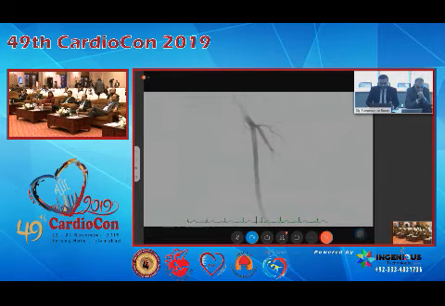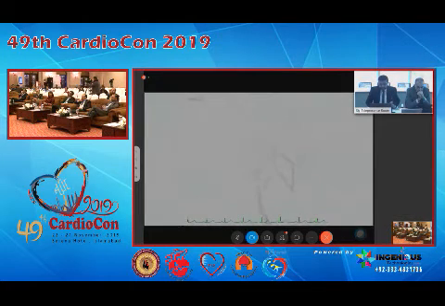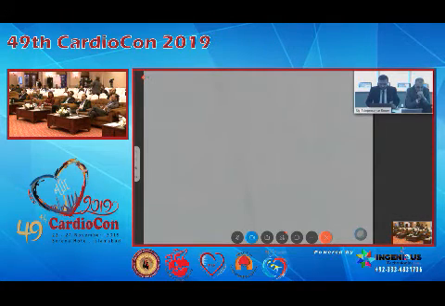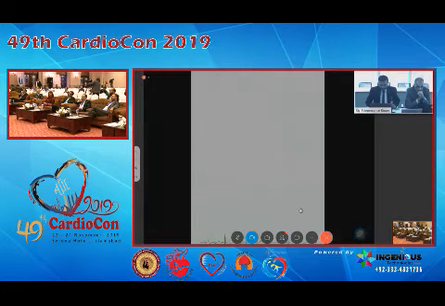So we proceeded with the angiogram, and as you can see, the common femoral artery is patent. Over here, you can see that the anterior tibial is occluded proximally.